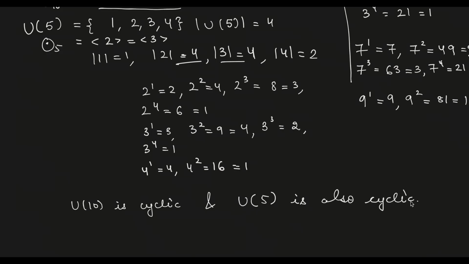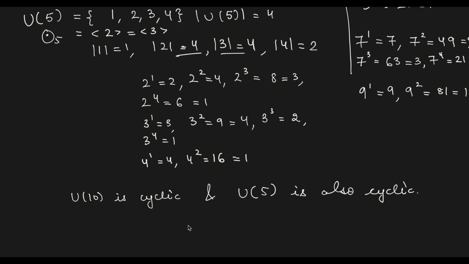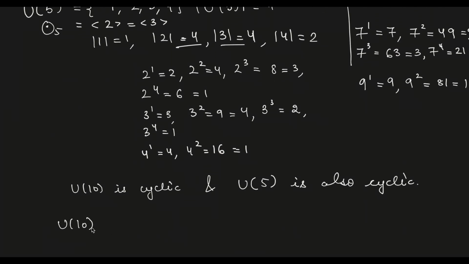Now I can use that result. If G is a finite cyclic group of order n, then it is isomorphic to Zn, and the order is 4 here. So U10 is isomorphic to Z4 and U5 is isomorphic to Z4. And we know that isomorphism is an equivalence relation.